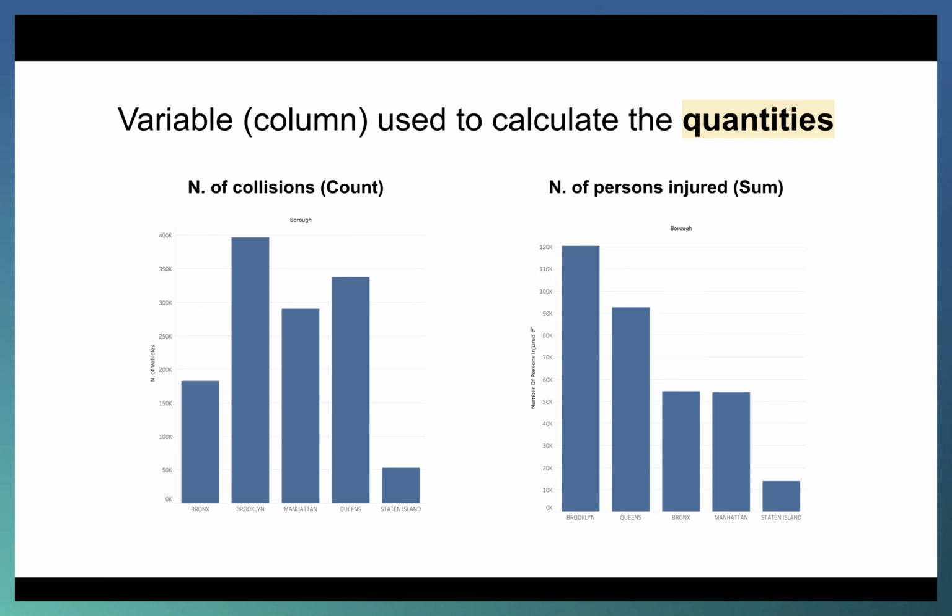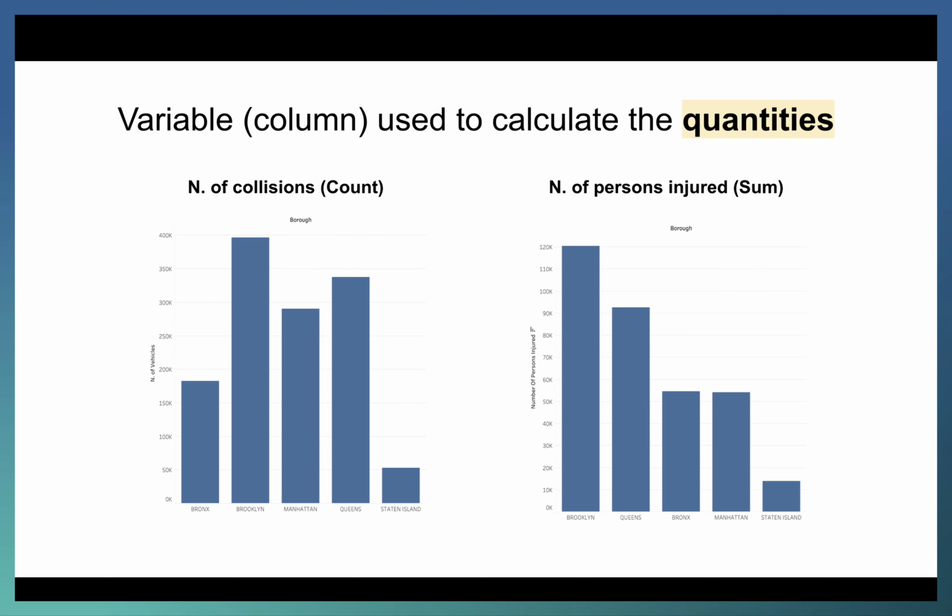But in the one on the right, we selected the number of persons injured and used as an aggregation function the sum. So all the elements that are within the group, for the column that represents the number of persons injured, all the values that are within the group are summed up. And as I said, we can use different types of aggregate statistics.